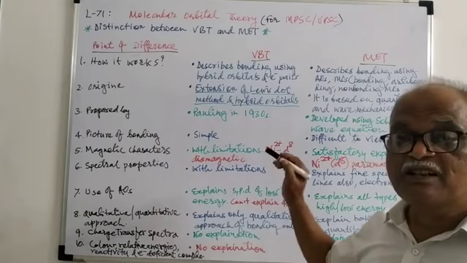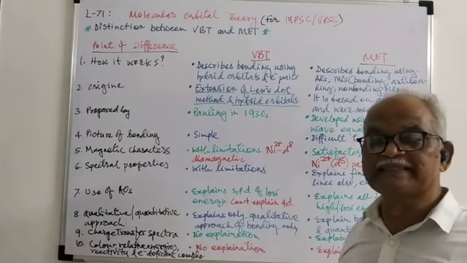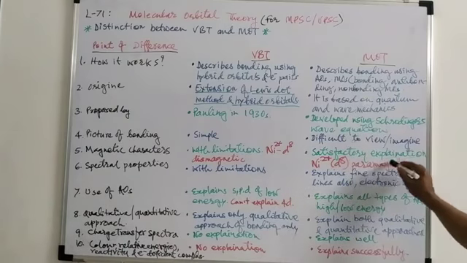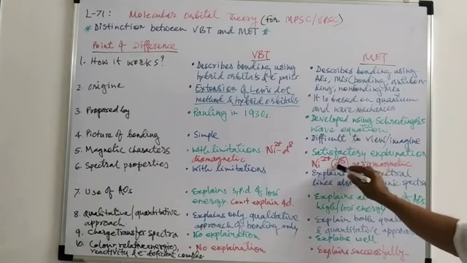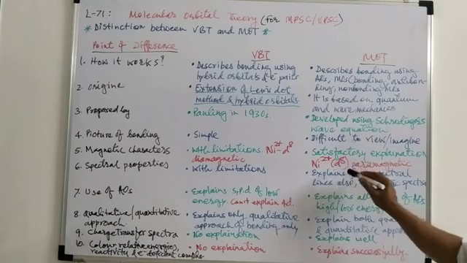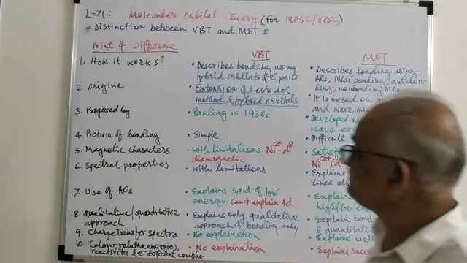So this is the failure, because actually the Ni2+ complexes are paramagnetic. This behavior is explained by MOT very satisfactorily. According to MOT, the Ni2+ complex is paramagnetic in nature.